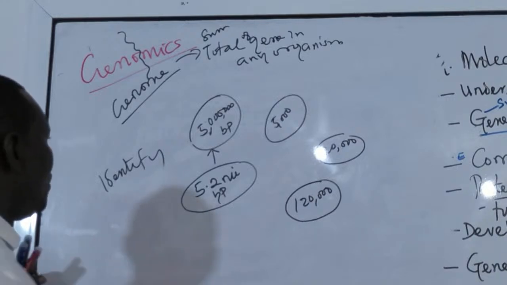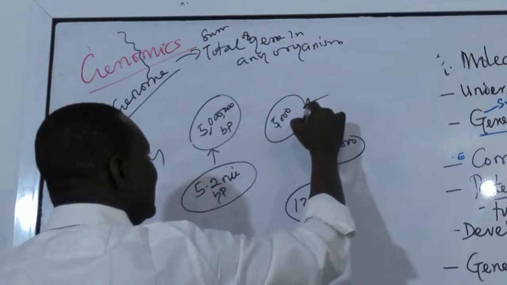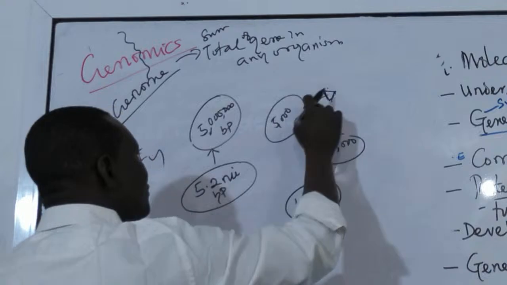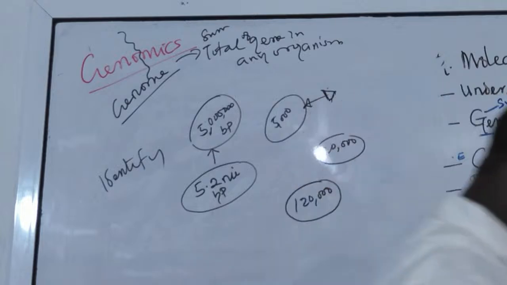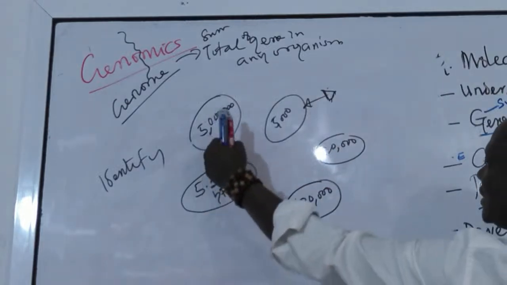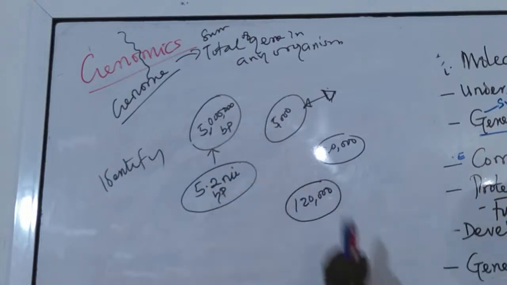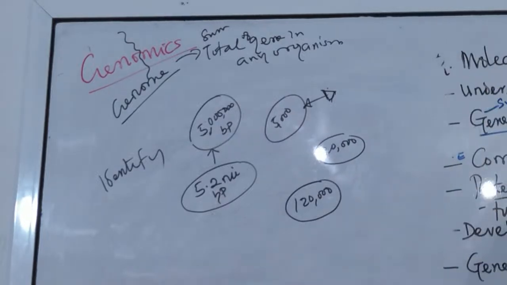Comparative genomics. When you compare this one with another one, for example, if you use whole genome sequencing, and you look at what is found in A compared with what is found in the other, that is what we call comparative genomics.